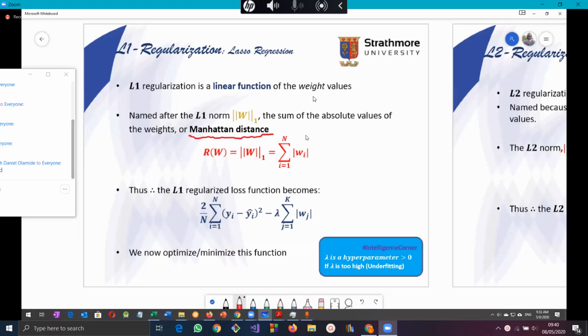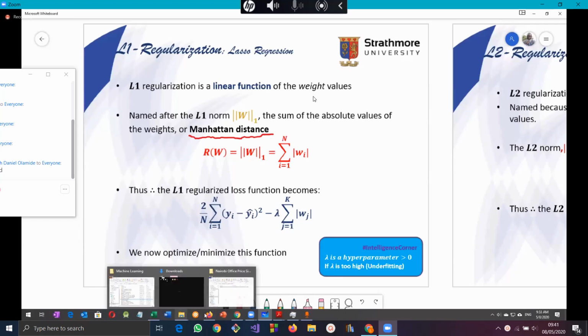So Manhattan distance is usually like the first norm, raised to power 1, so we don't bother writing the powers. So this is what we are going to do. We are going to take the loss function. Remember the loss function is MSE, mean squared error. You already know how MSE looks like.